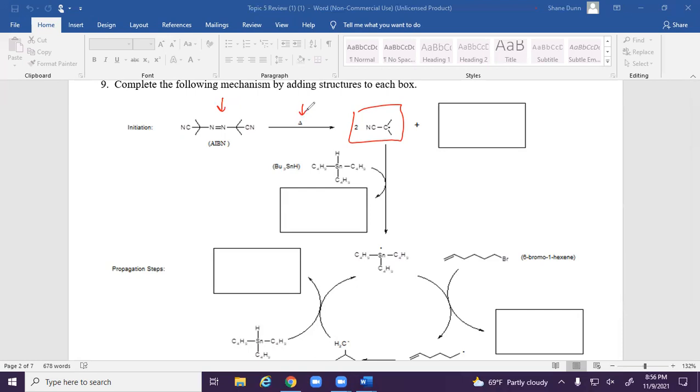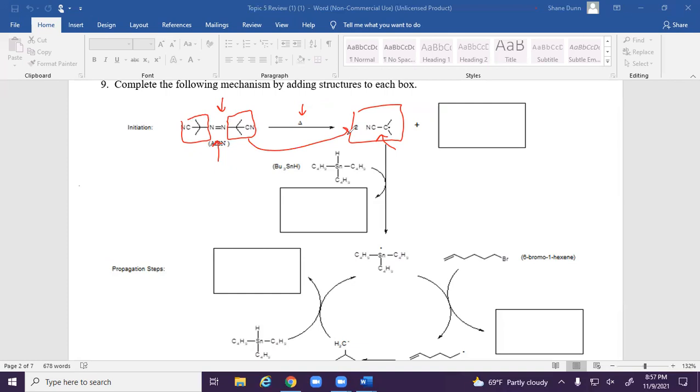So where can you find this guy? Two of these guys onto this guy right here. Where do you see that occur? Do you see that those two guys make up this guy right here? Do you see that or no?